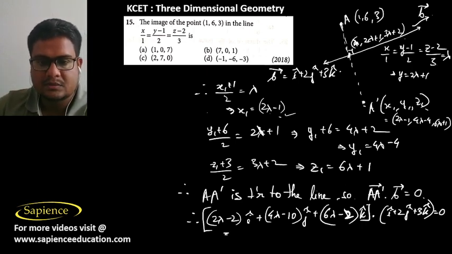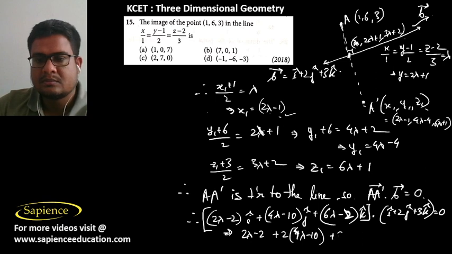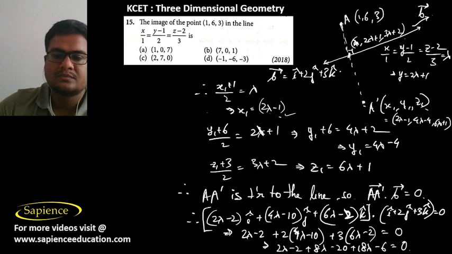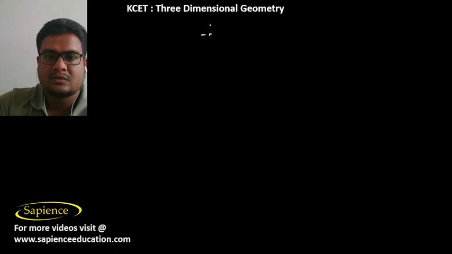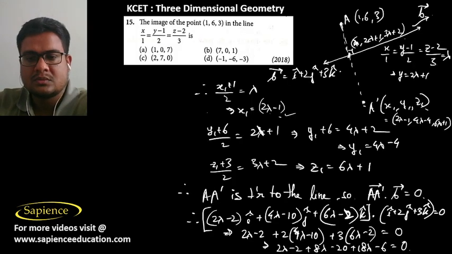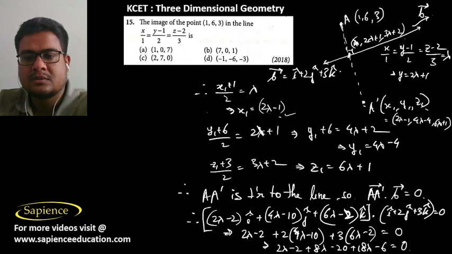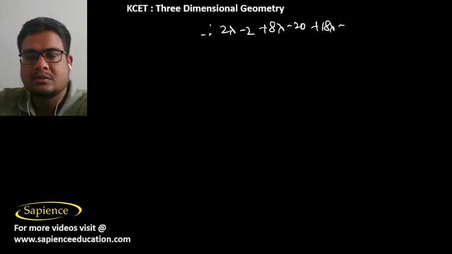So we can say 2 lambda minus 2 plus 2 into 4 lambda minus 10 plus 3 into 6 lambda minus 2 is equal to 0. Therefore 2 lambda minus 2 plus 8 lambda minus 20 plus 18 lambda minus 6 is equal to 0.